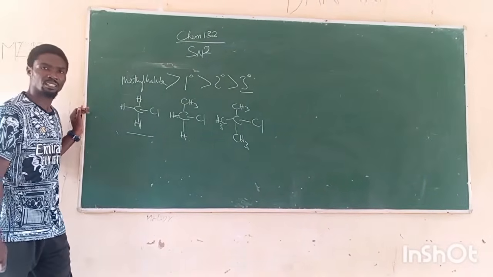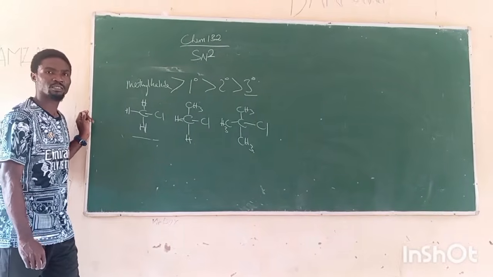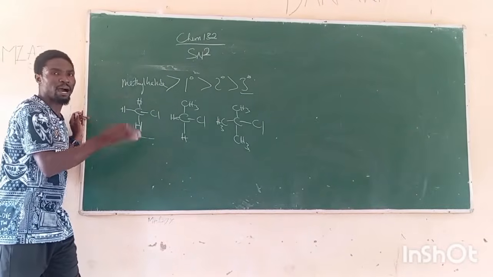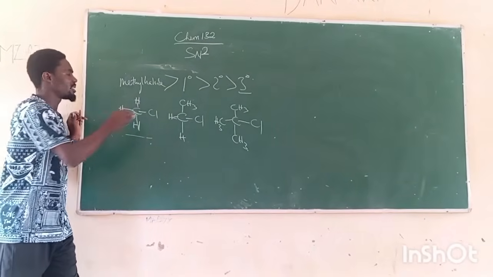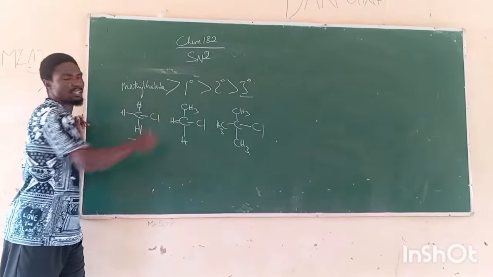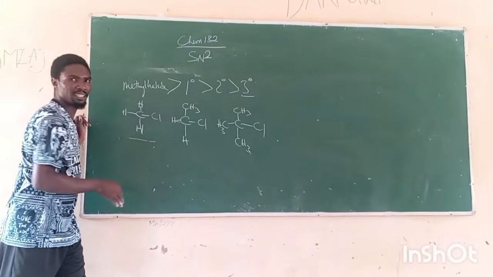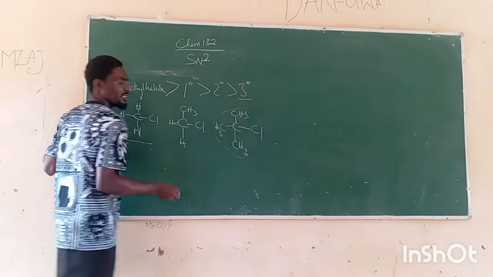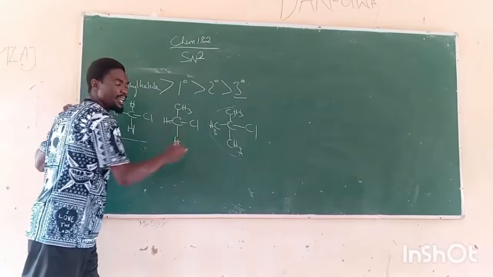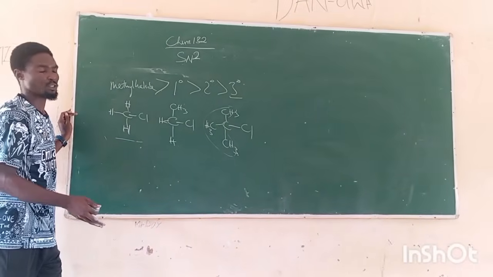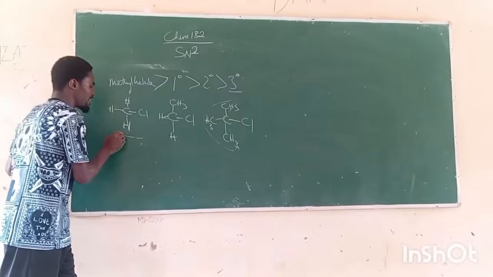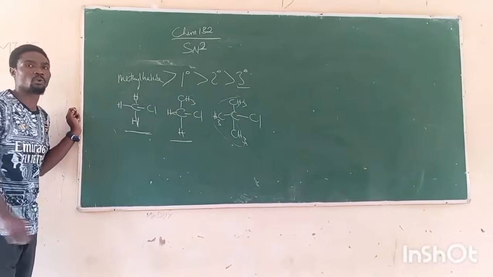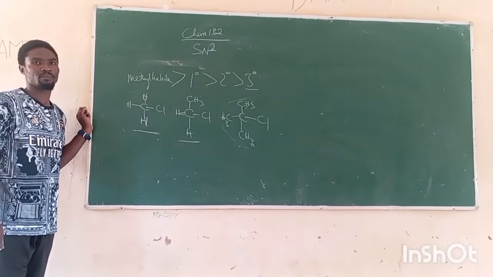One effect is steric hindrance. Since the nucleophile has to attack from the back, the steric hindrance from this group of atoms will hinder the backside attack. This has no steric hindrance, so there can be a proper attack and attachment. As a result, this will more readily undergo SN2, followed by this, and this will not undergo SN2 reaction.